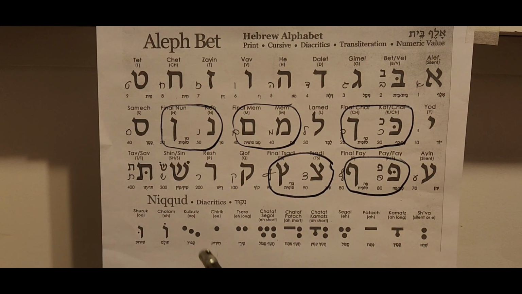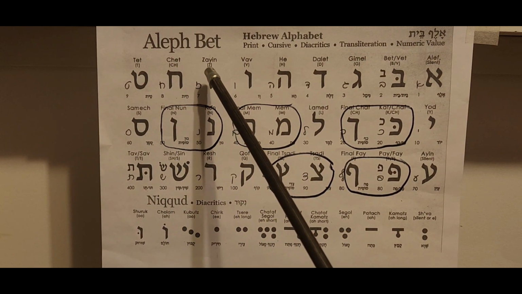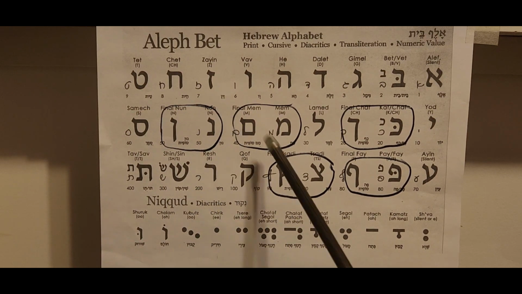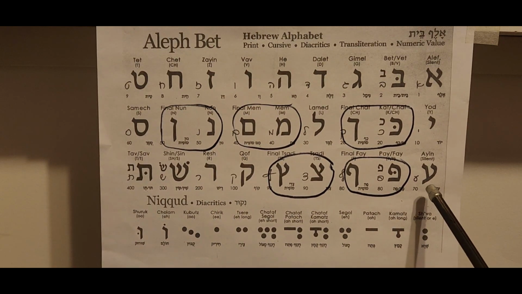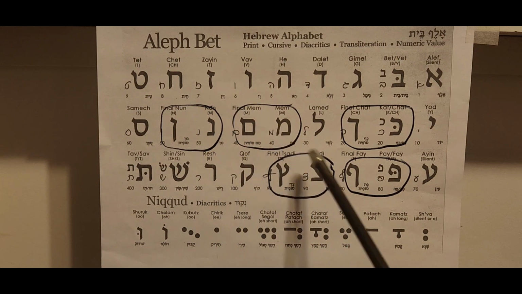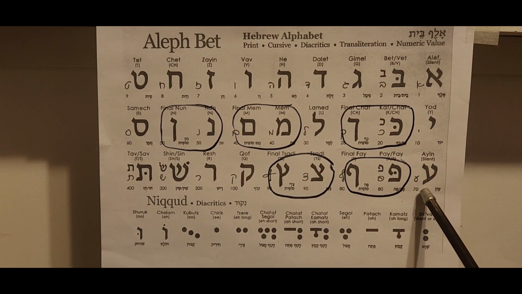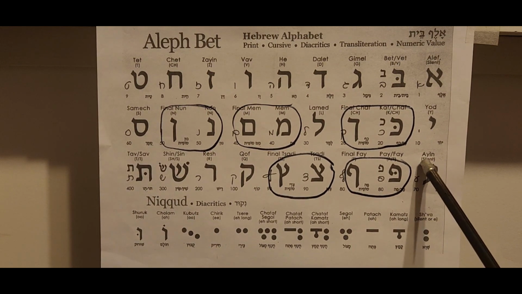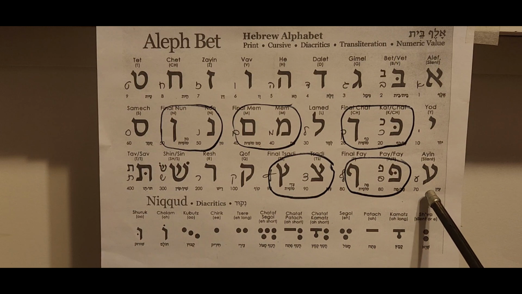Here's a thing that might help you. The letters Zayin and Ayin sound exactly the same. This is a Z sound, and this is a silent sound or even an I sound. But Ayin, easy to remember.